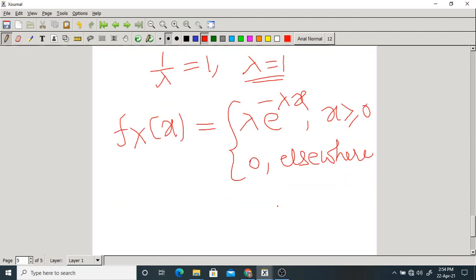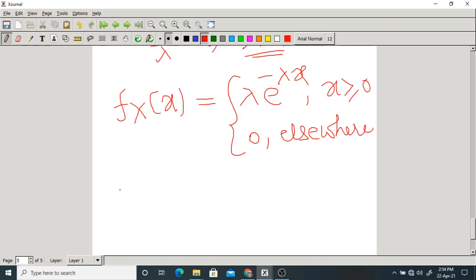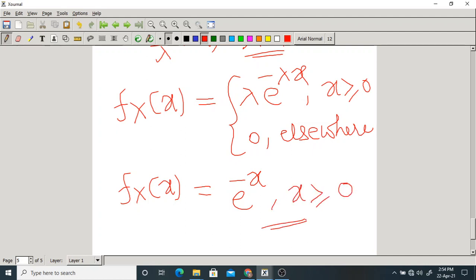Since lambda is 1, the PDF of x becomes e power minus x for x greater than or equal to 0. Isn't it? That is the first thing they gave us.